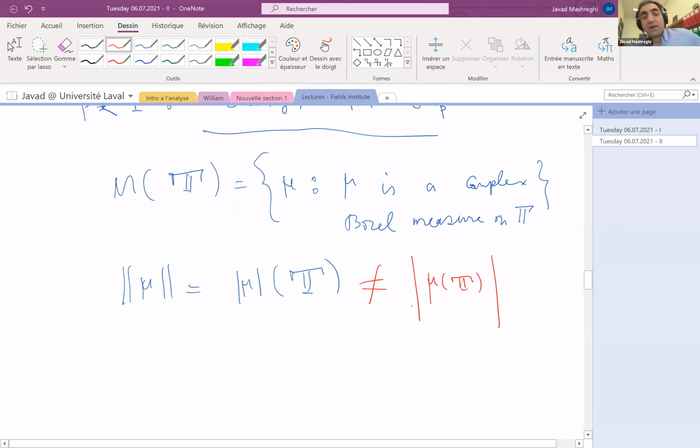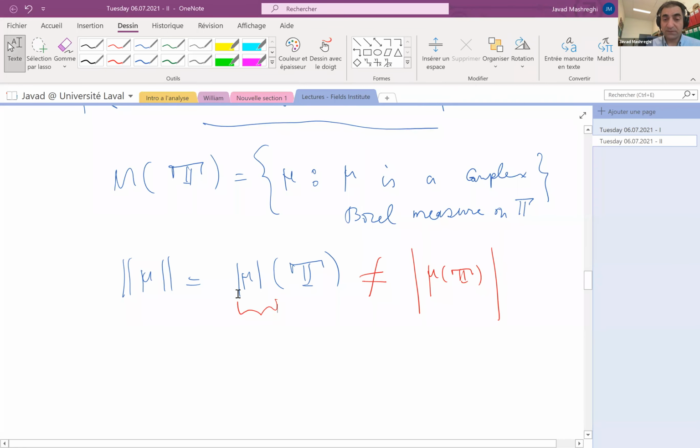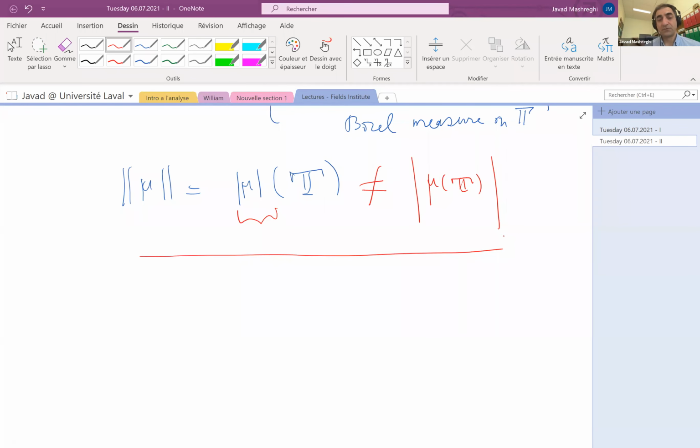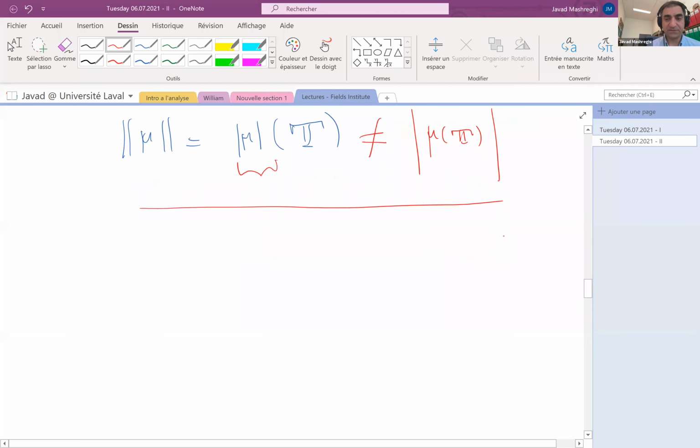Total variation by itself is a measure, and you should master what it means. Well, these are the definitions. Why did I mention these two? Because when we study the representation theorem, two theorems of F. Riesz come into play, and we badly need both of them to obtain our representation theorem.